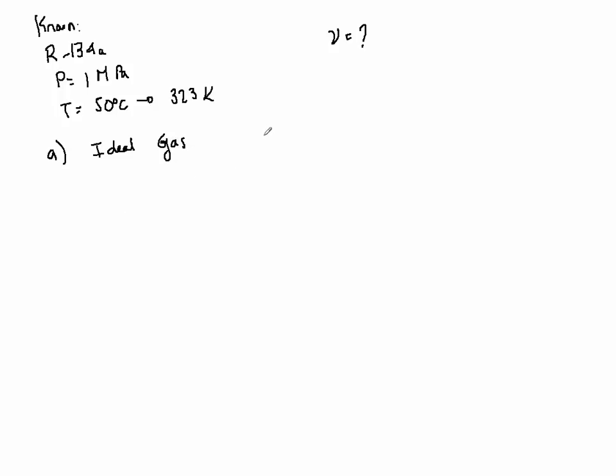In this case, the first thing that we need to find is the value of R, and for that we go to table A1. We find that for this material it is 0.8149, and the units are kilojoules per kilogram Kelvin. We also need to find, for later purposes, the critical temperature, which in this case is 374.2 Kelvin.